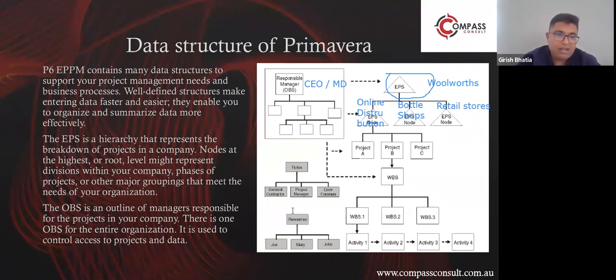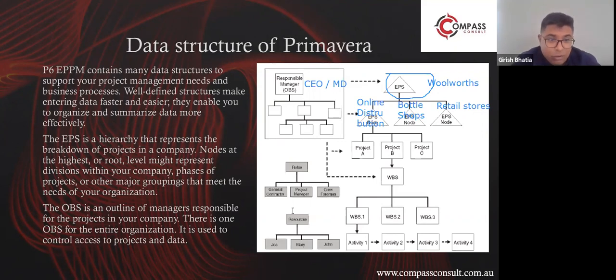Basically, I'll just read through it once. The EPS is a hierarchy that represents the breakdown of projects in a company. Nodes at the highest or the root level might represent divisions within your company, phases of projects or other major groupings that meet the needs of your organization. So EPS is the breakdown of your organization.